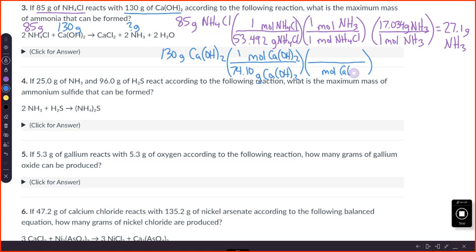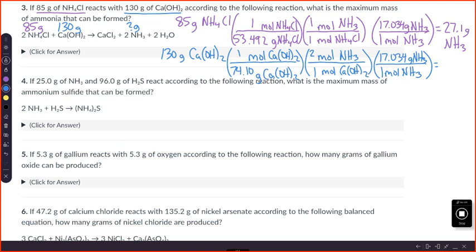Mole of CaOH2 on the bottom. Go into moles of NH3. Coefficients tell me it's a 2-to-1 ratio. And again, this guy's going to match the one right above it. So 1 mole of NH3 is 17.034 grams NH3.